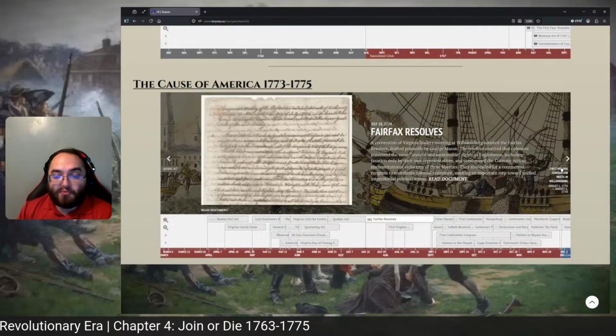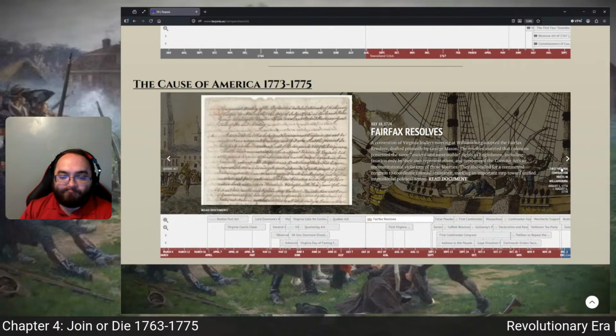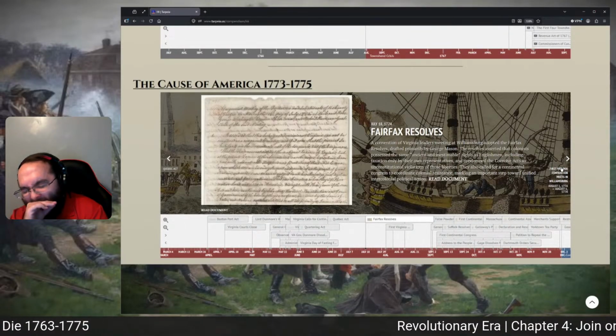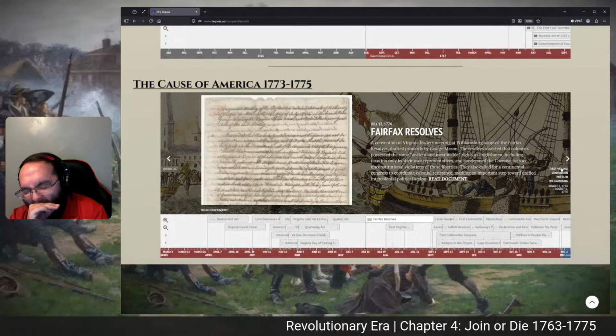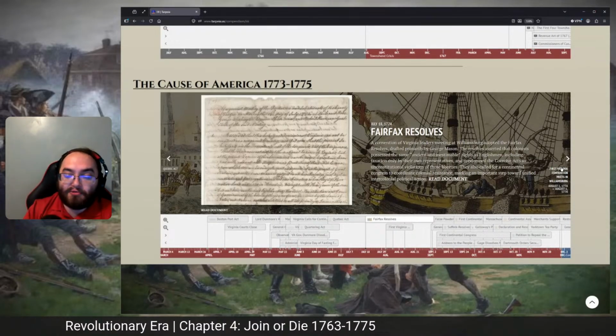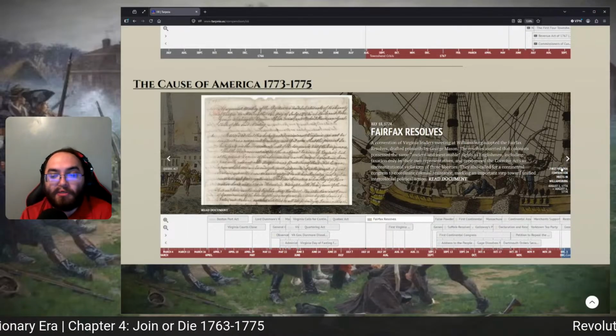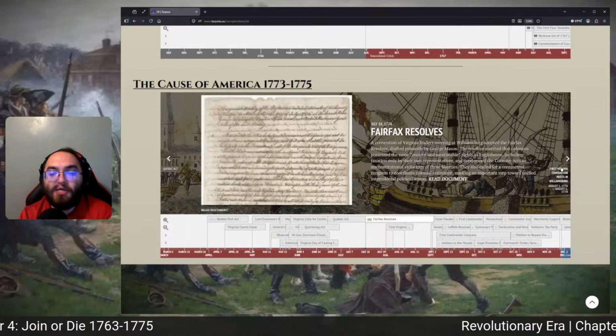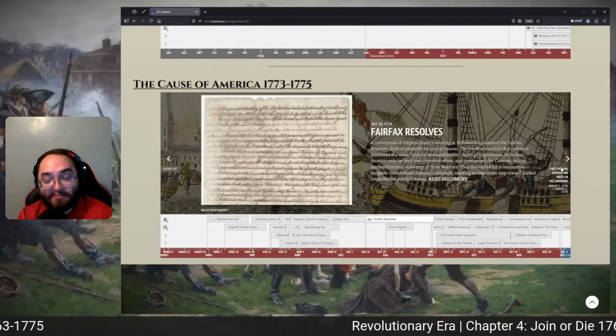Here's the Fairfax Resolves. A convention of Virginia leaders meeting at Williamsburg adopted the Fairfax Resolves, drafted primarily by George Mason.